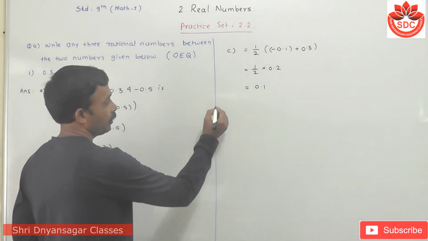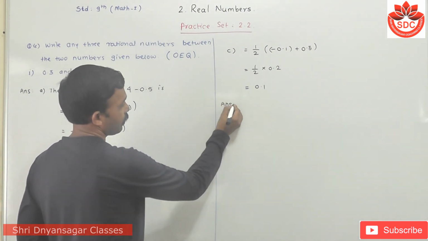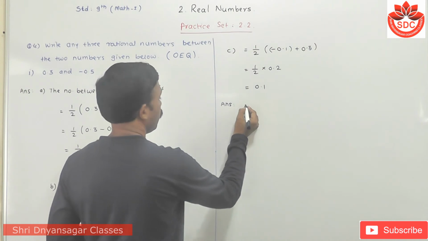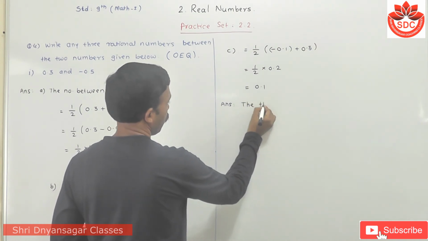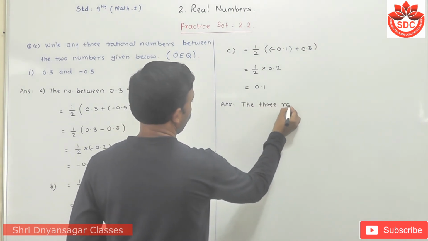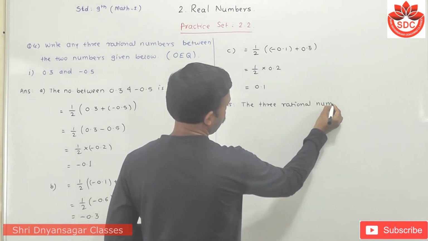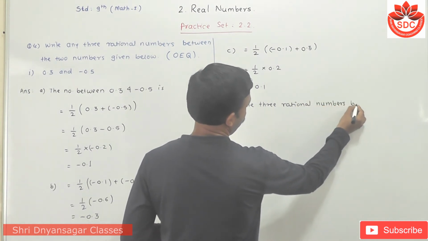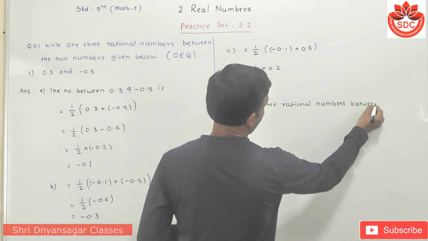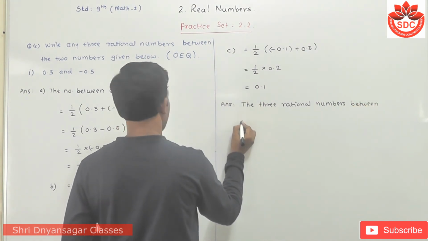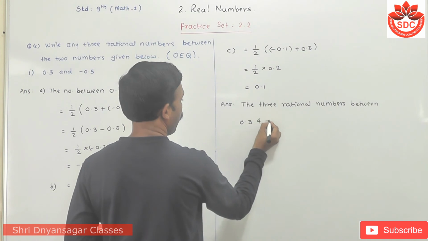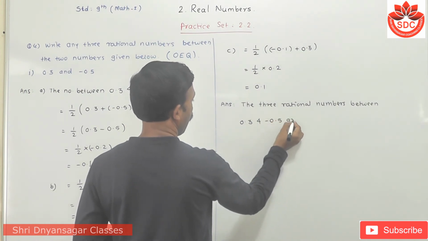Then the answer in a full sentence is: the three rational numbers between 0.3 and -0.5 are.